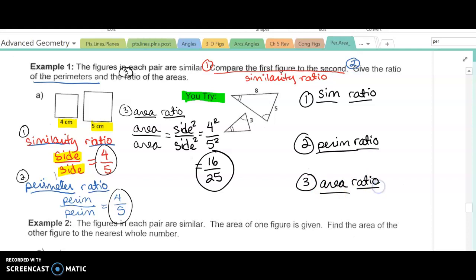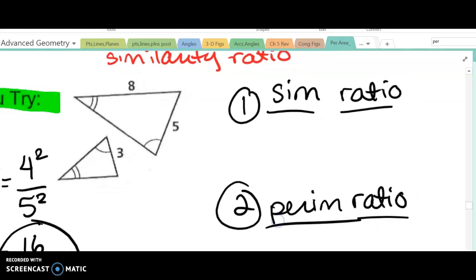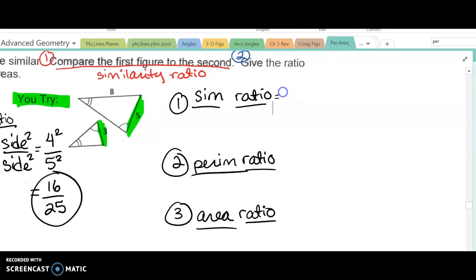For this first one, first of all, you have to figure out which sides are matchy-matchy. If you're looking at this, orienting by the angles, it seems to be the same side as the 5. So our similarity ratio, in other words our side-to-side ratio, comparing the side of one figure to the matching side of the other figure, would be 3 to 5.